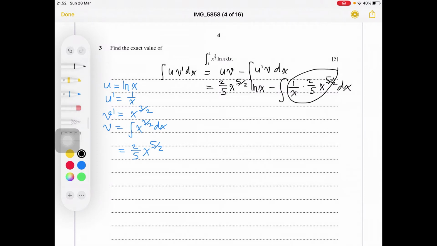We can simplify this one into 2 over 5 x to the power of 3 over 2, and then we can easily integrate that form.